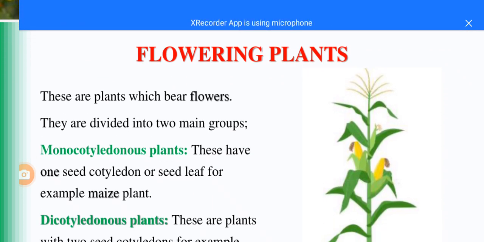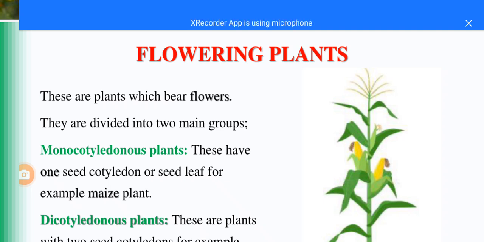Now these systems are made up of two categories of organs, and these organs are: one, we have what we call the reproductive organ; then two, we have what we are calling the vegetative organ. Now when we talk about the reproductive organs, what are these reproductive organs of the plant?